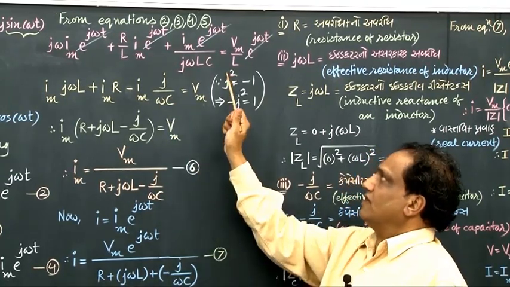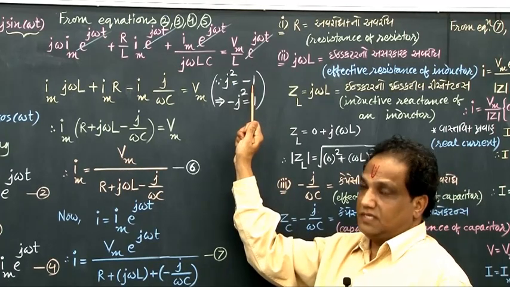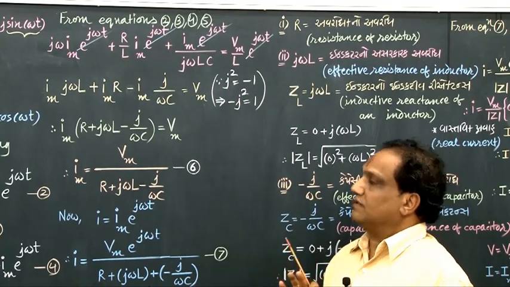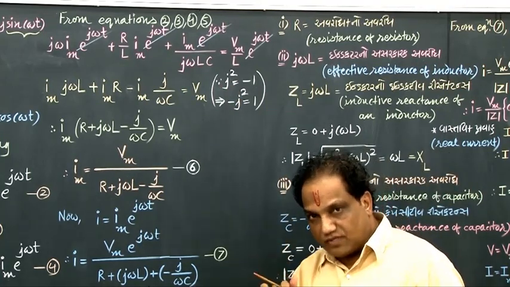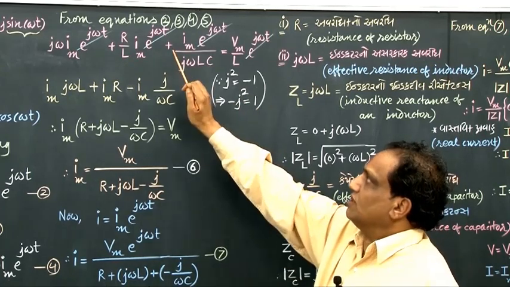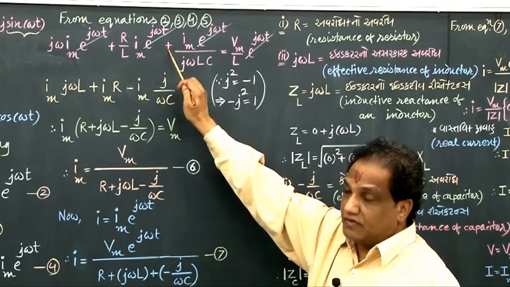Don't you know j square equals minus 1? Transfer this minus sign here. So minus j square will be plus 1. So instead of this plus 1, I can write minus j square.